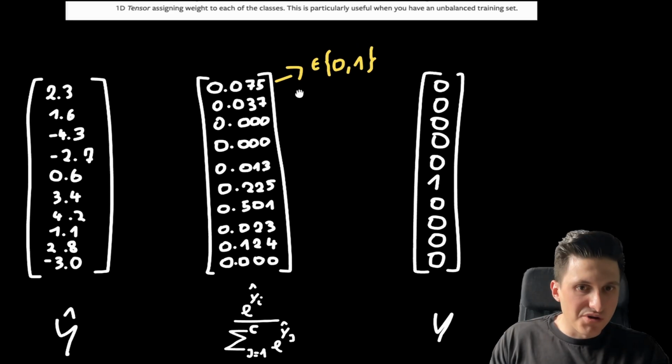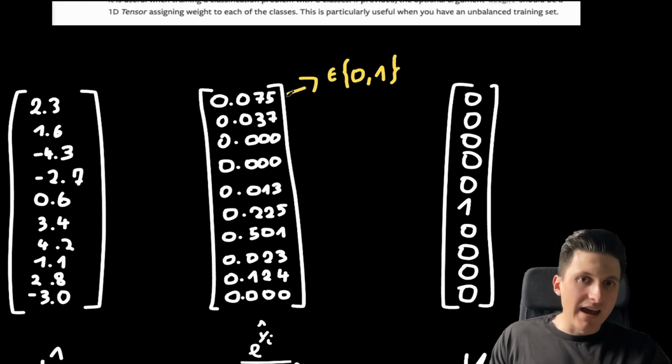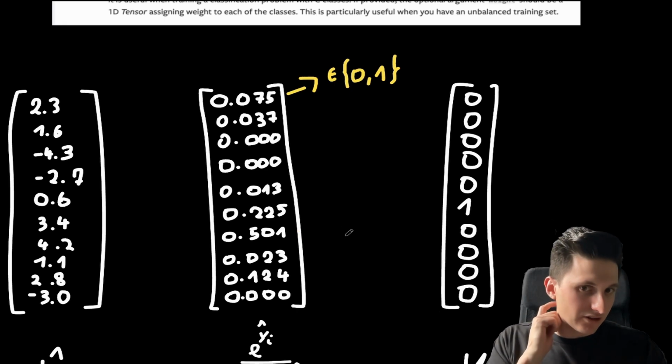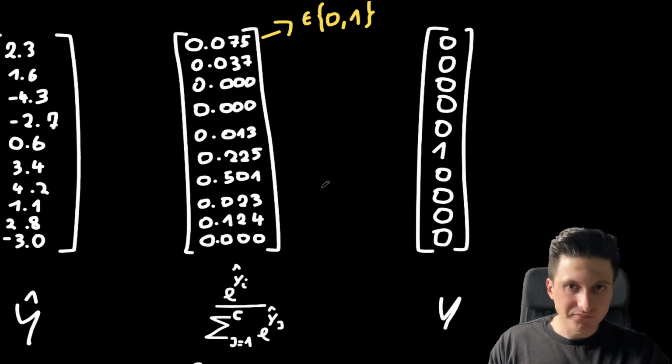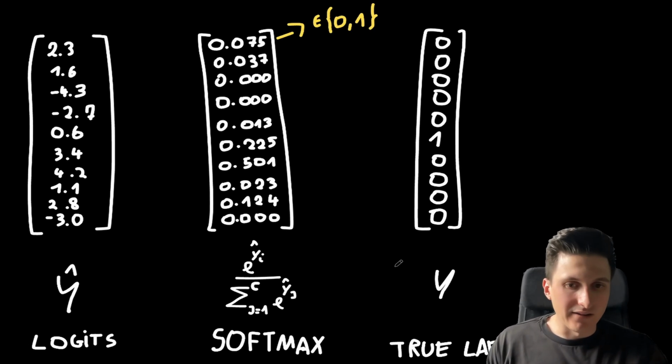So this will produce a tensor of outputs where each number is between 0 and 1, and this will represent the probability that the neural network has that this specific number, for example, is the true label. And of course, we still need to have the true labels as well to calculate the loss.